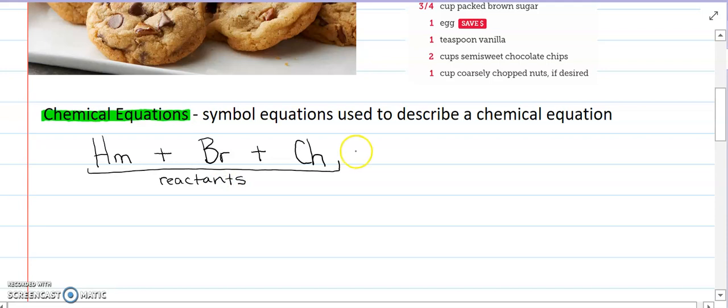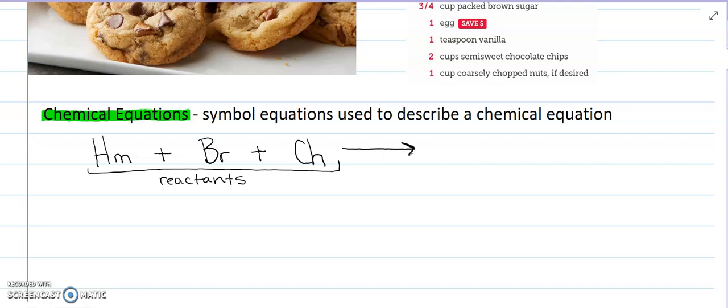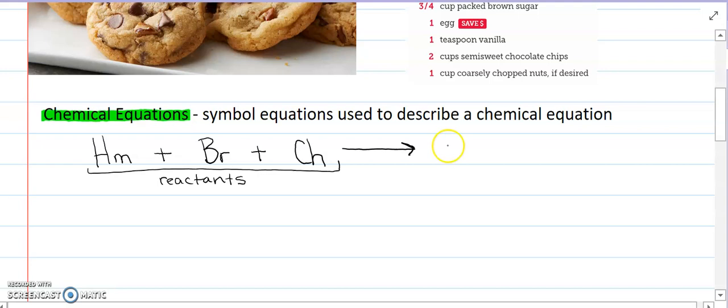In a chemical reaction, an arrow is used to separate out my ingredients, my reactants, from what I'm making, which is referred to as my products. And what am I making? Well, I'm going to make a sandwich. And for my sandwich, it's going to be bread. But there's not going to be 1 piece of bread. My sandwiches usually have 2.